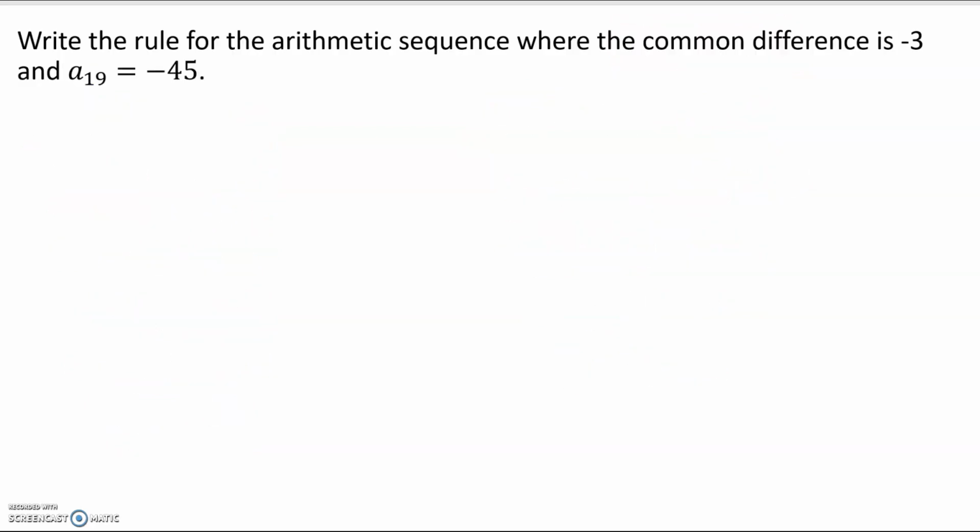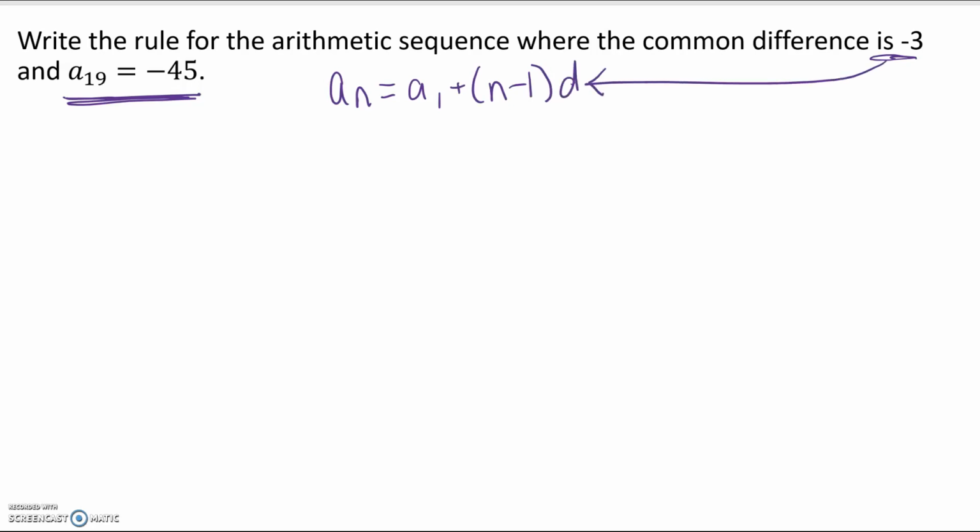The cool thing about this formula that we have now is that we can actually write the rule for a sequence only knowing one of the terms, its location, and what the common difference is. So remember, we're working with this basic formula. What we already know is that the common difference is negative 3, and we also know that the 19th term is negative 45.